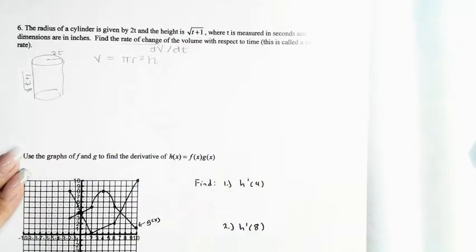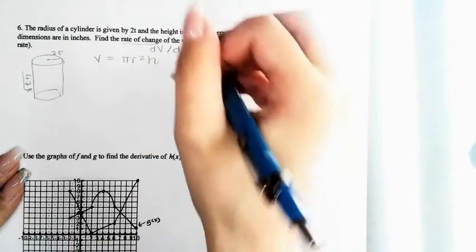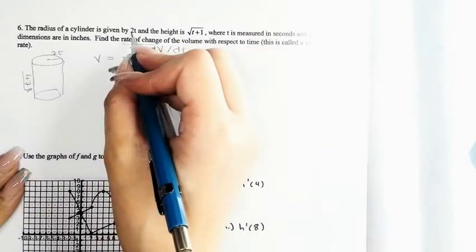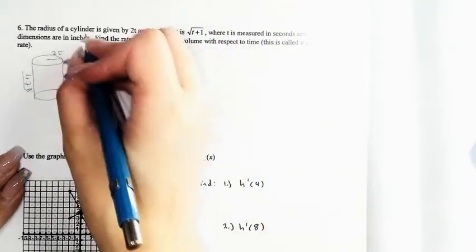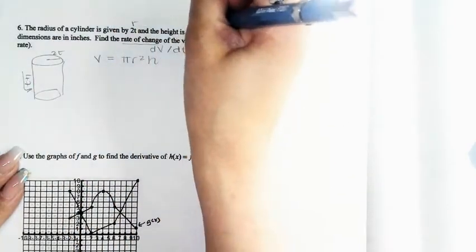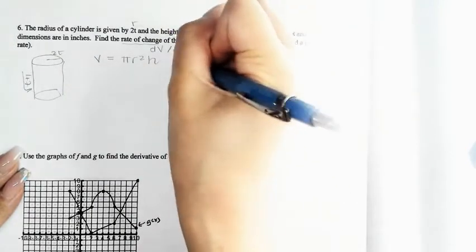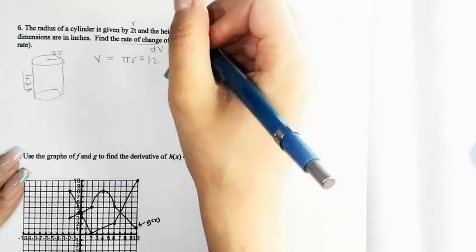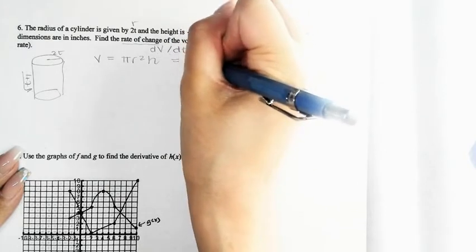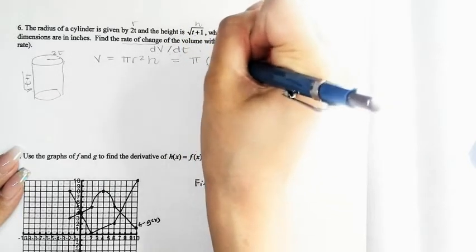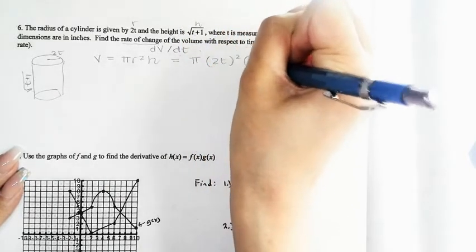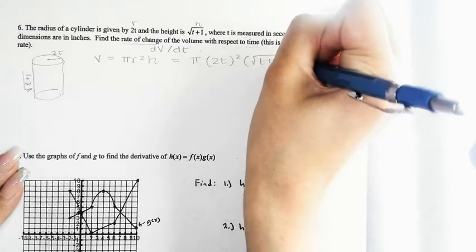So I'm going to plug the values that I have for h and r. They tell you that this is r and this is h. So I know that this is equal to pi times 2t squared times root t plus 1.